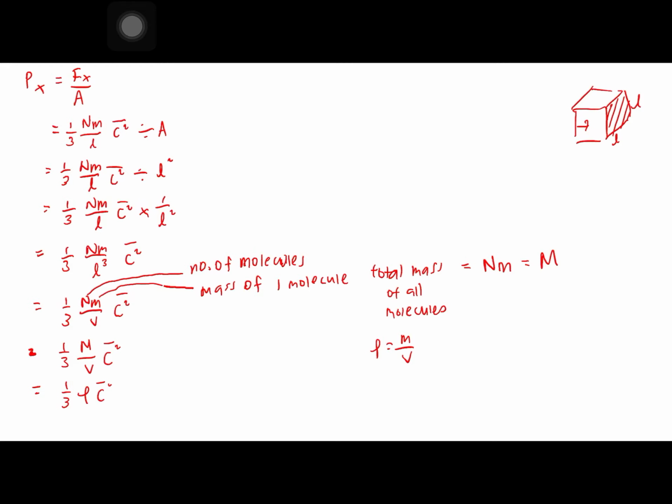Now please take note, this is pressure in the x direction. But since pressure in a fluid acts in all directions equally, pressure in the x direction will be the same as pressure in the y direction, which will be the same as pressure in the z direction. So the total pressure will just be 1/3 rho c square.